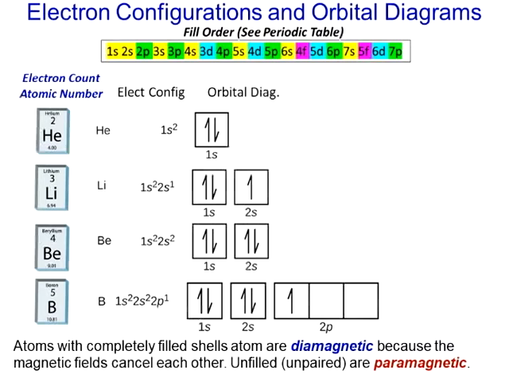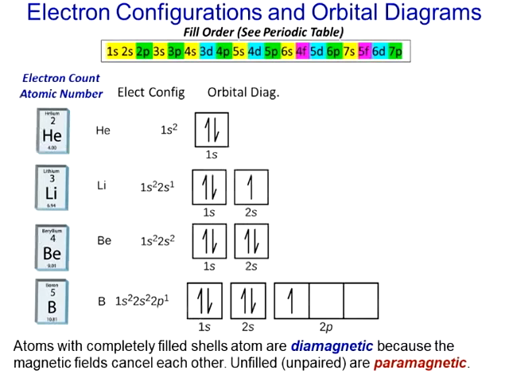That means its atomic number 2, 2 protons, which also equals 2 electrons. Again, when we see the atomic number, for all practical purposes, when it comes to electron configuration and orbital diagrams, that's your electron count. That's how many electrons. So 2 electrons for helium.